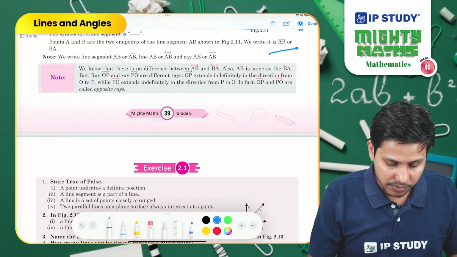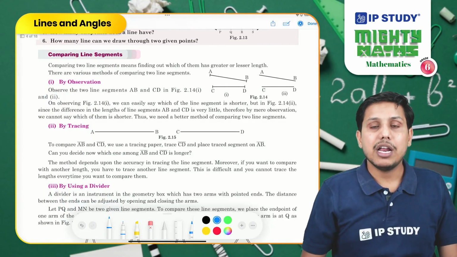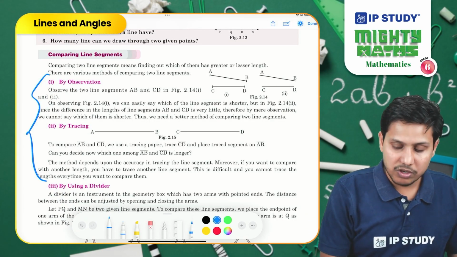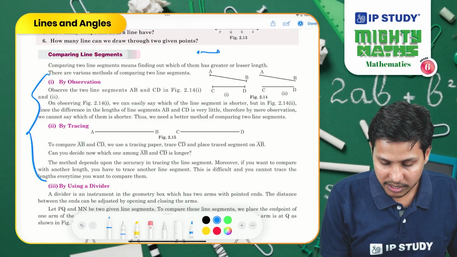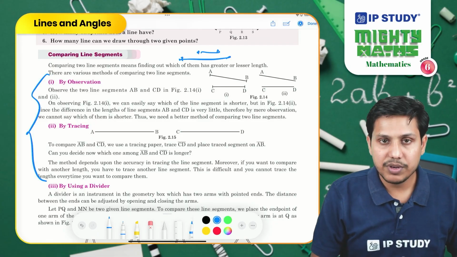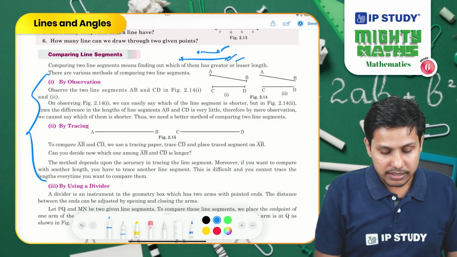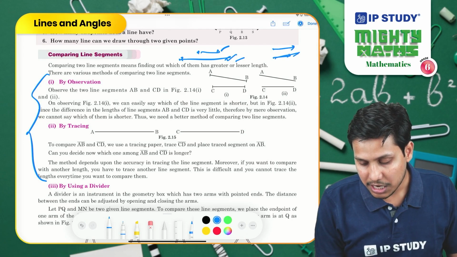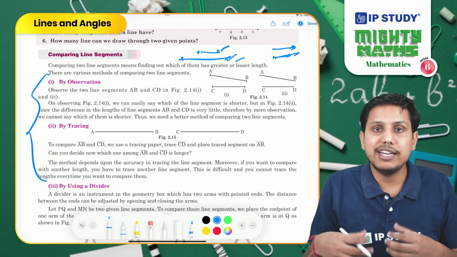Now, moving to the next, comparing line segments. How can we compare two line segments? There are 3 methods that we'll see. One is observation. Suppose we have a line segment like this, 1, and the other is 2. On observation we can find out that this line is bigger than this line, but sometimes they can be very close to each other like this. To identify which is bigger, it is very difficult to observe and find out the answer.